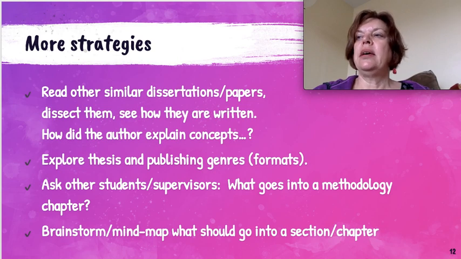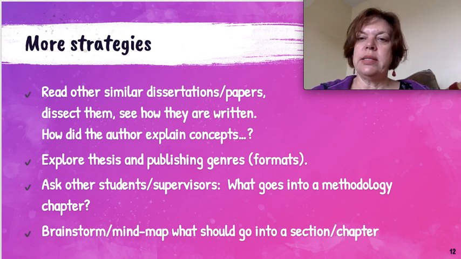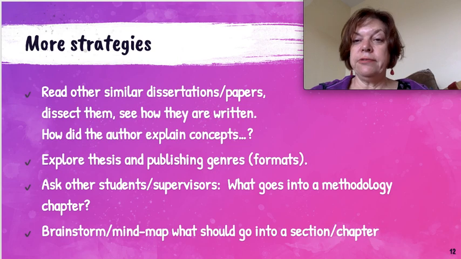So you might say, well, within the literature review, I'm going to have an introduction, then I'm going to explain my concepts, then I'll have a thematic review of the literature, then I'm going to explain where I fit in terms of the debates, and then I'll show the knowledge gap in terms of where my research fits in.